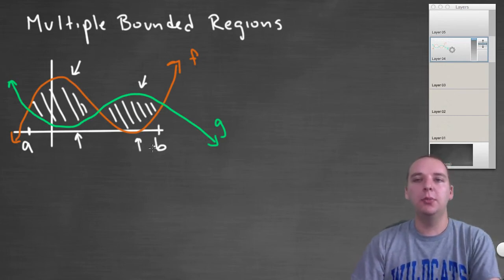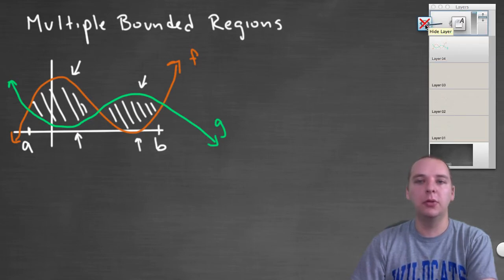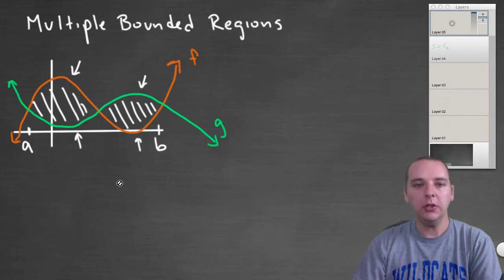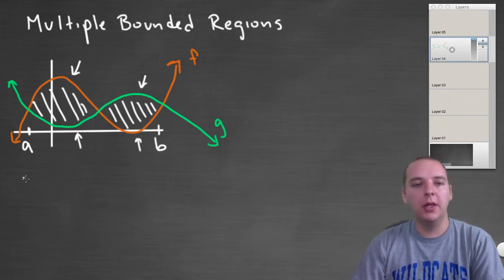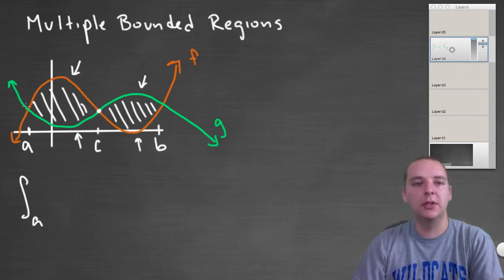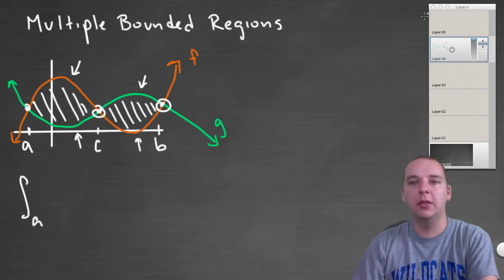So what do we do? We break this up into multiple integrals. Let me show you what that looks like. We'll integrate from a up to, let's call this c. We'll call this a, insert c in the middle, and then b back here at the end.